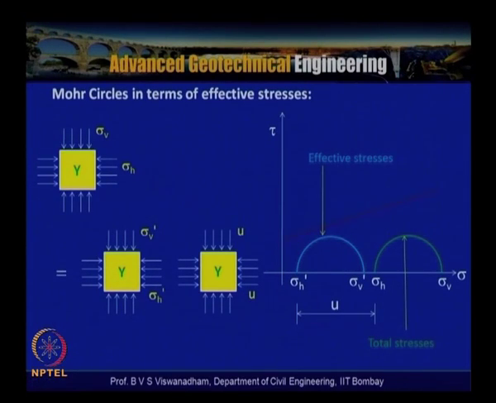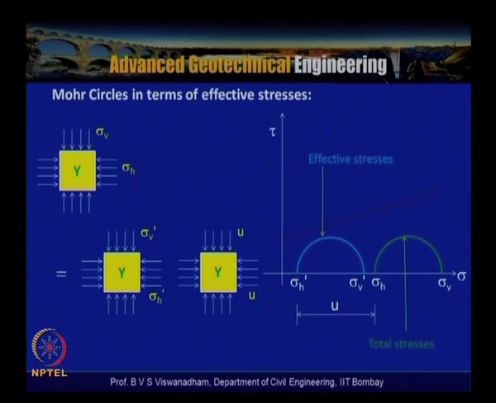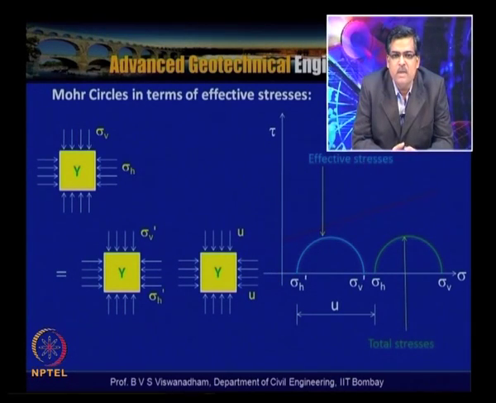So in terms of effective stresses, we have discussed this already, but to illustrate further, let us say the vertical stress and horizontal stress acting on a sample are sigma v and sigma h. When we have the pore water pressure, if it is subtracted from the total stresses, then we have the effective stresses in the vertical direction and horizontal direction, and the pore water pressure acts in all directions.